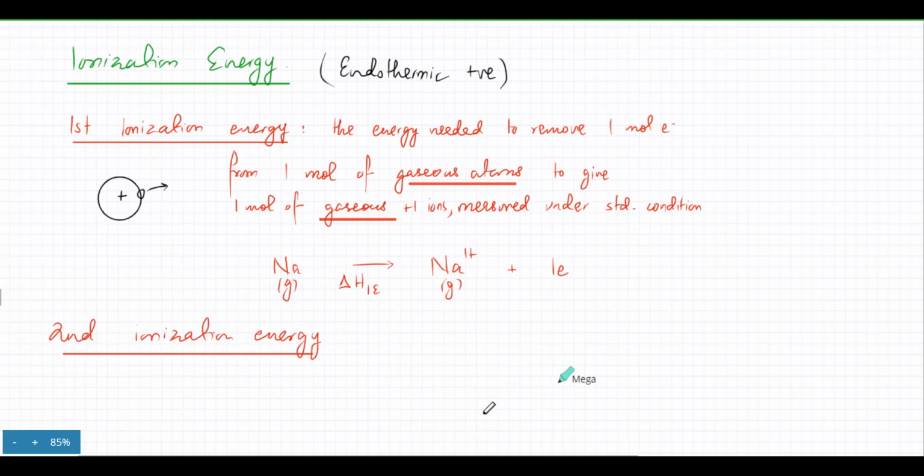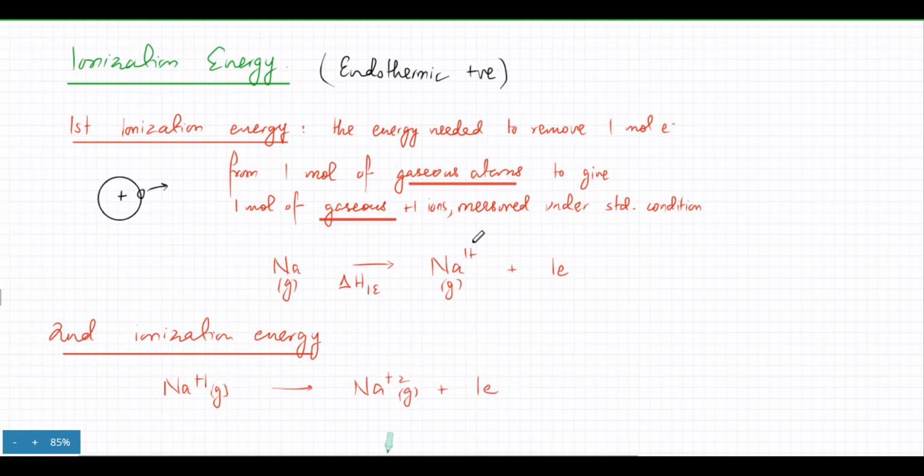Sodium has 11 electrons in total, so there are going to be 11 ionization energies. The first one is when you remove the first electron. For the second, once the first electron has been removed, you're trying to remove the second electron. So your starting point would be Na plus 1, gaseous, and you're trying to remove another electron to form Na plus 2, gaseous, and another electron is lost.